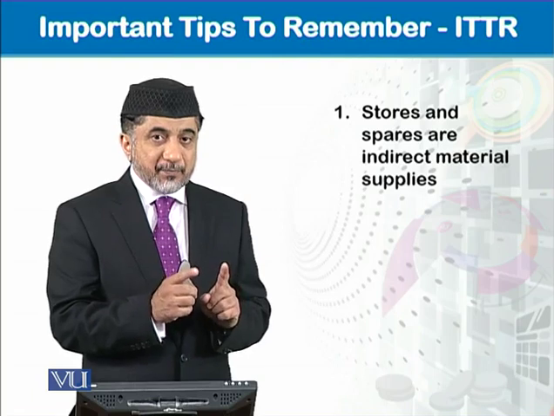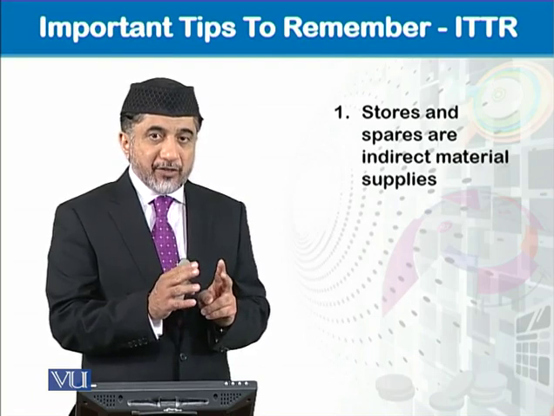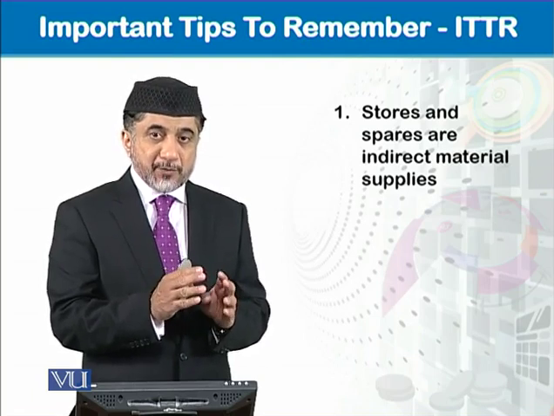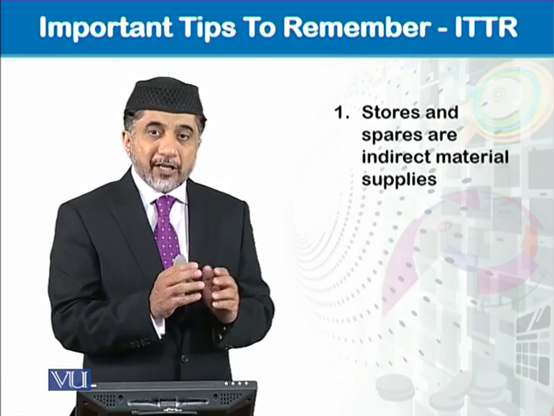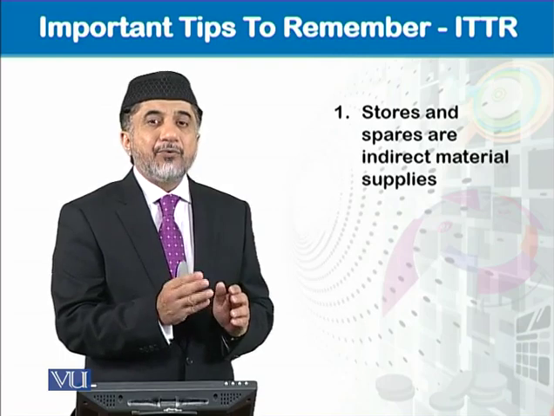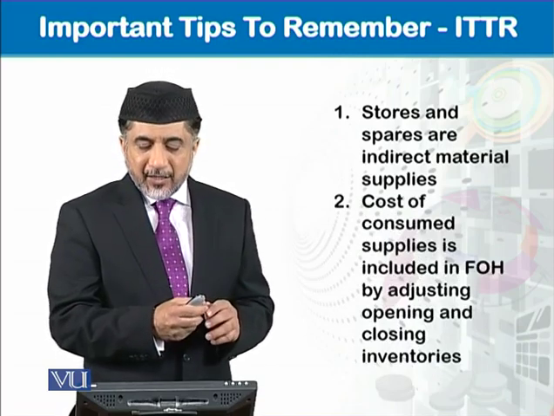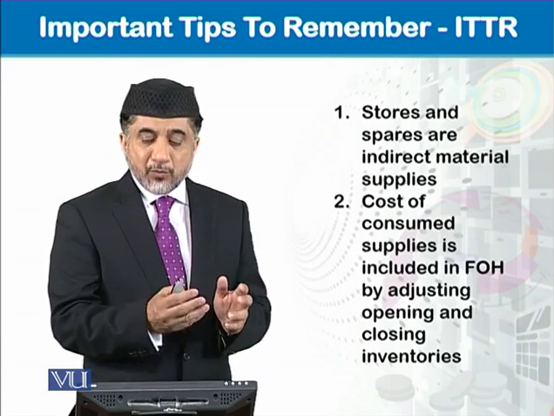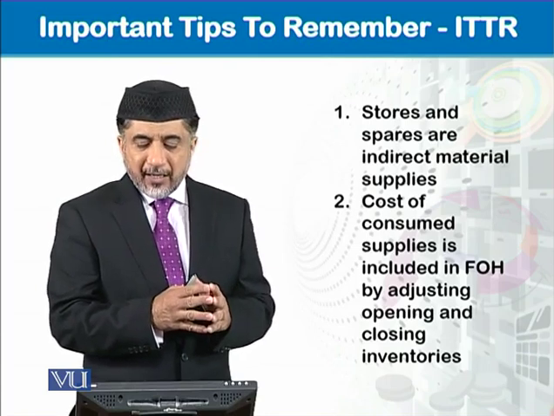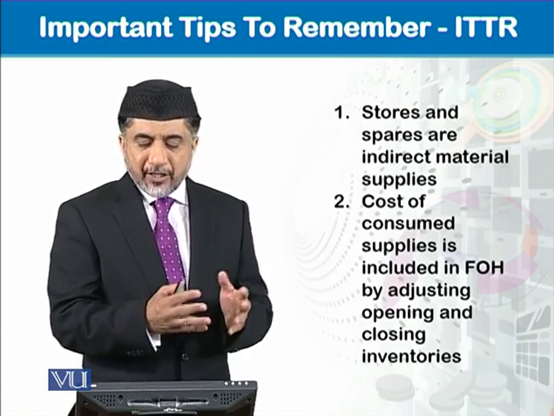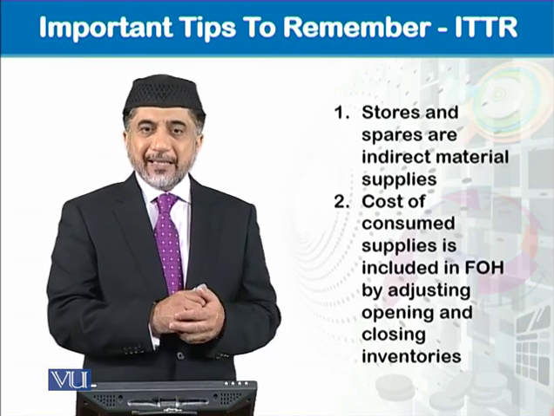Their consumption, after making adjustment of opening and closing inventory in the purchase of those stores and spares, will be included in the factory overhead cost or production overhead cost. The cost of consumed supplies, these stores and spares, is included in FOH by adjusting opening and closing inventory. This is what we have already discussed.